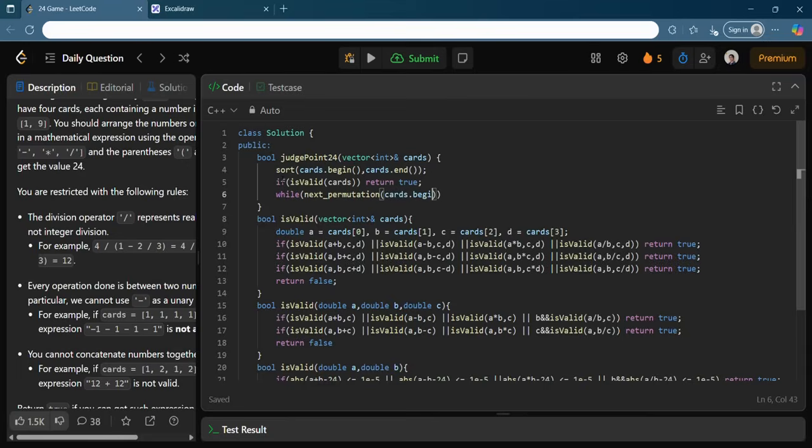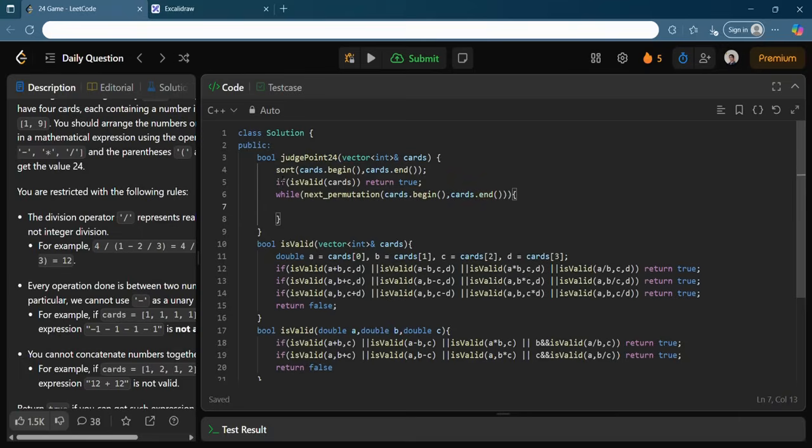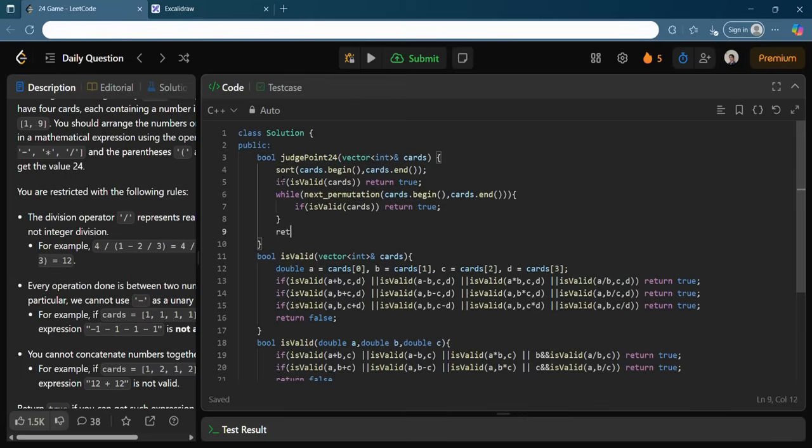So I will just use this next permutation. What is the argument that it takes? It takes the pointers which are pointing to the first and last element. So while you can get a next permutation, you check that if is valid of this cards is true, then return true at any time, and otherwise you just return false.